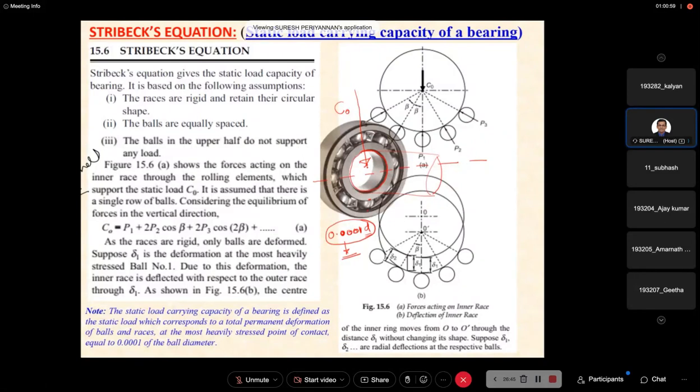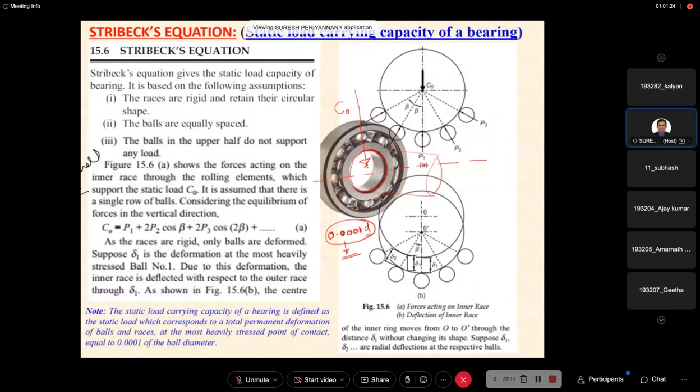In the worst case, for the most heavily stressed ball, the maximum allowable permanent deformation is up to 0.0001 into d, where d is the diameter of the ball.